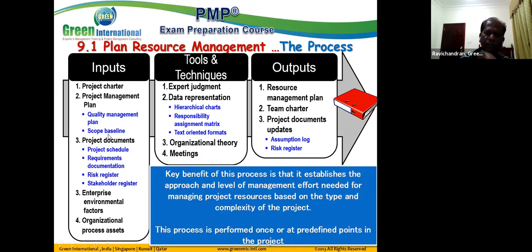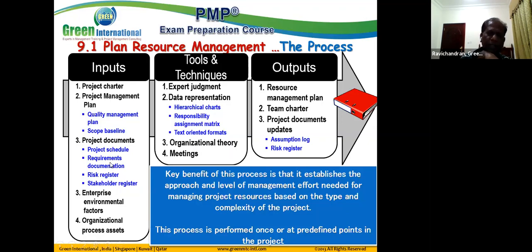Scope baseline, what all the different packages and deliverables which you are going to produce, is available in the scope baseline, which is the key information for us in determining the management strategy for managing all the resources. Other documents we can utilize: project schedule, requirement documentation.